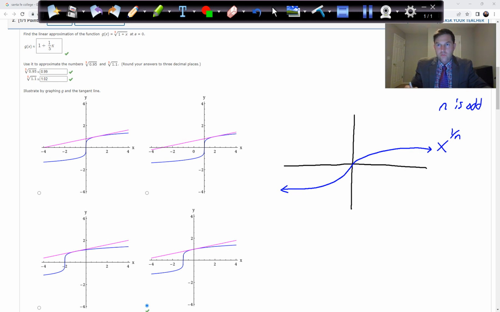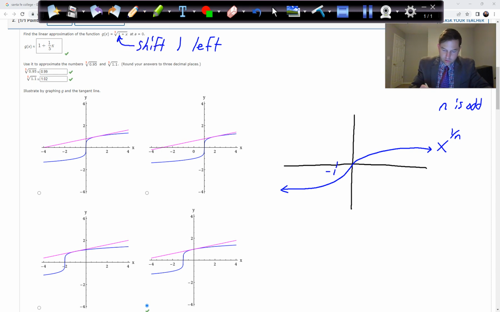So 1/3, 1/5, 1/7, they all look like this. Now, if we have a plus 1 in there, that plus 1 is going to shift that curve 1 unit left. And it's counterintuitive. Positive numbers go left, negative numbers go right. So this thing is now going to cross not at 0, it's going to cross at -1.